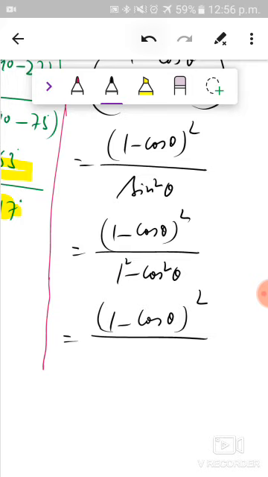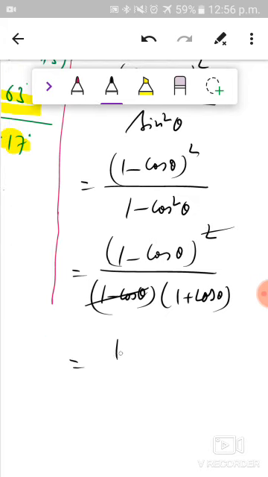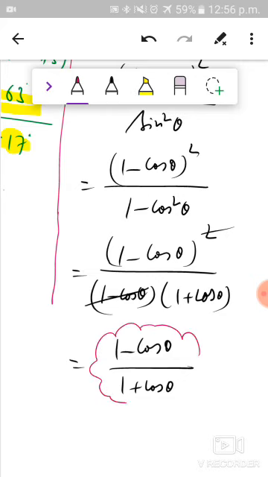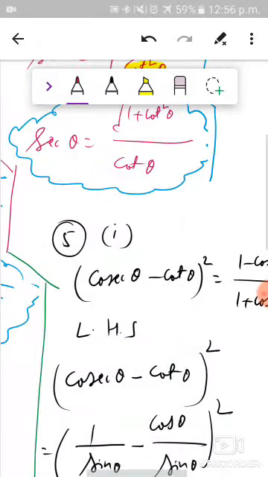So a square minus b square is what? (a minus b) means (1 minus cos theta) into (1 plus cos theta). So 1 minus cos theta will cancel the square. So what we will get? (1 minus cos theta) by (1 plus cos theta), and this is our right hand side. So this is how we have to use identities.